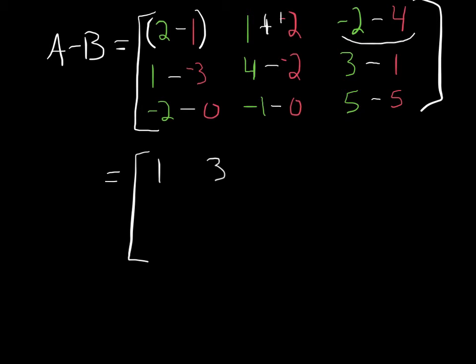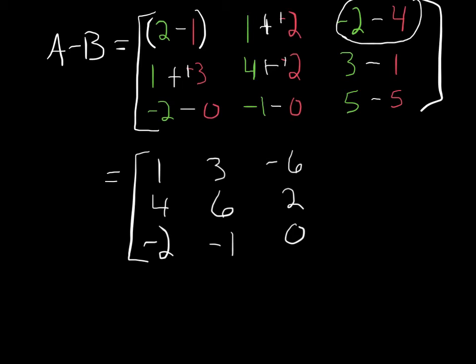Again, remember the rule when we're combining two negatives: it's going to be a negative, and it's just going to be 2 plus 4, 6, so negative 6. 1 minus a negative 3, that's going to be plus 3, so 4. 4 minus a negative 2, again, is plus 2, so 6. 3 minus 1 is 2. Negative 2 minus 0 stays negative 2, negative 1, and 0. So there's A minus B.